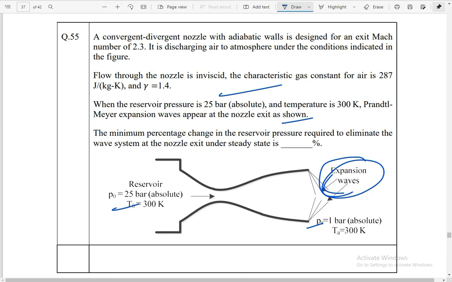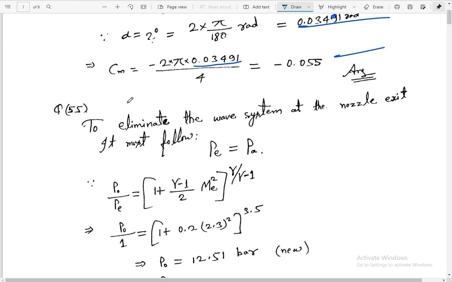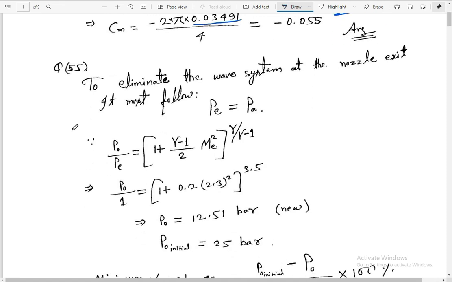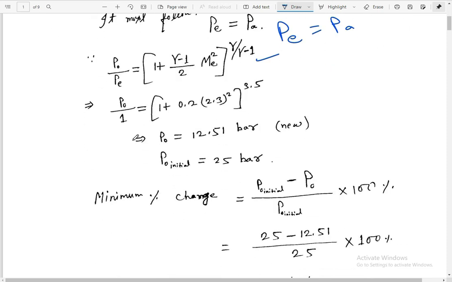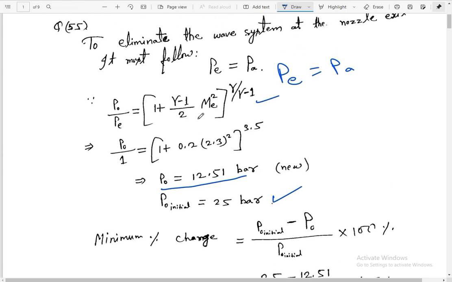To eliminate the wave system at the nozzle exit, we have to take exit pressure equal to ambient pressure. P naught by P is equal to, we have this formula. So find out the P naught value, I found that P naught value is 12.51, from the exit Mach number.